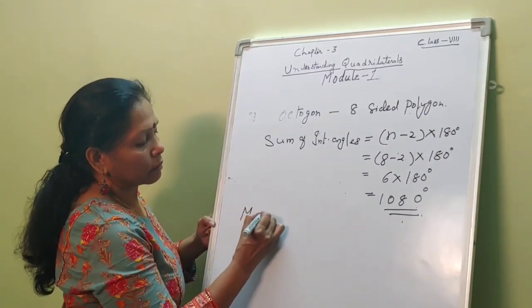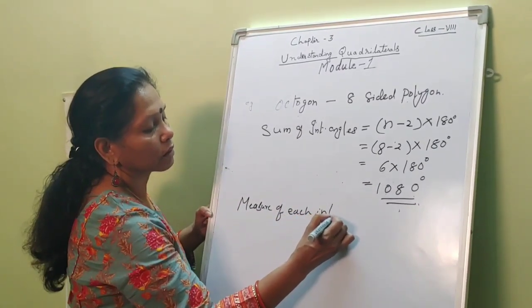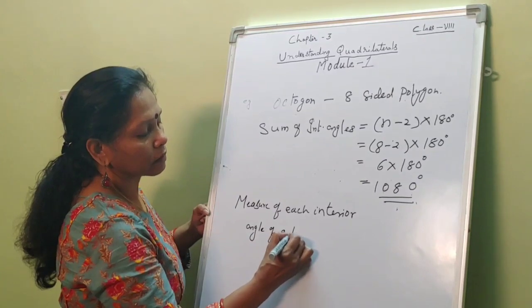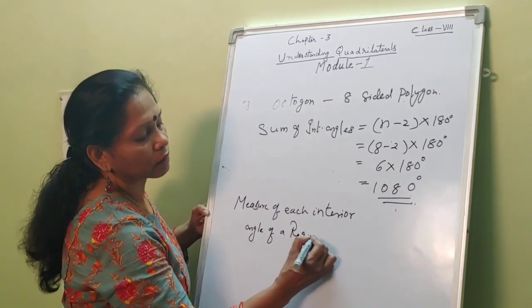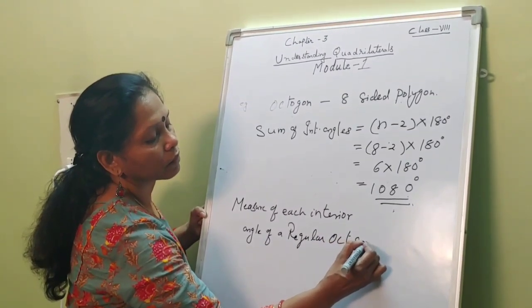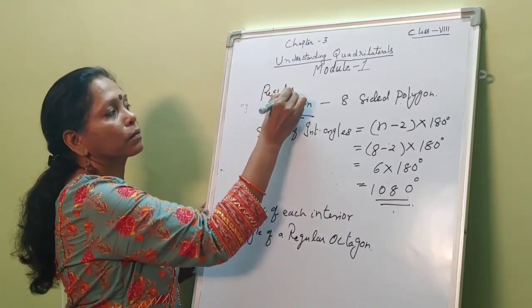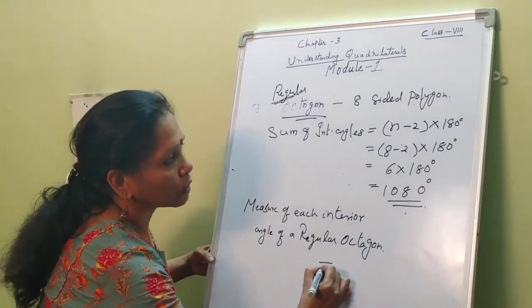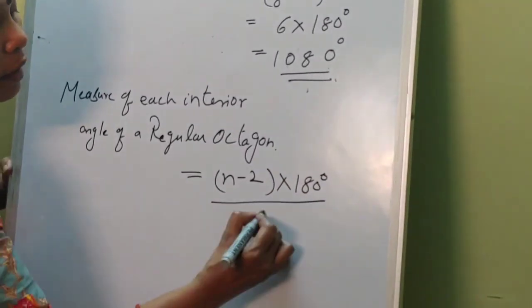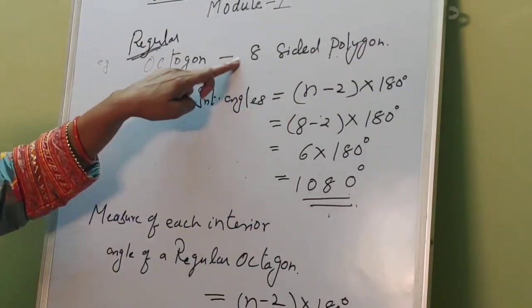Now we'll find the measure of each interior angle of a regular octagon. So this we have taken to be a regular octagon. So it will be n minus 2 into 180 upon n, where n is 8, so we substitute 8.